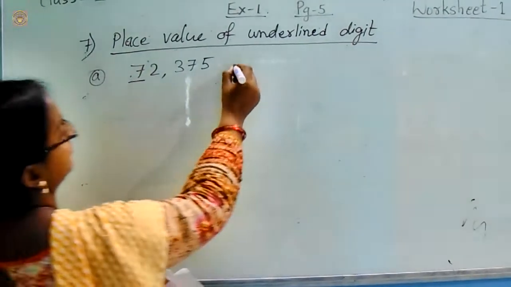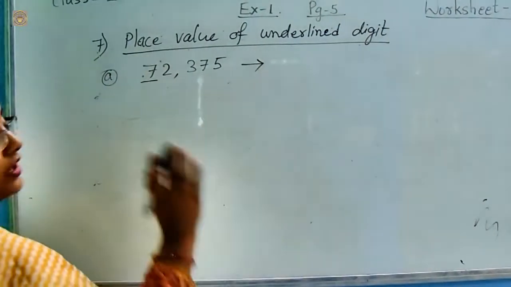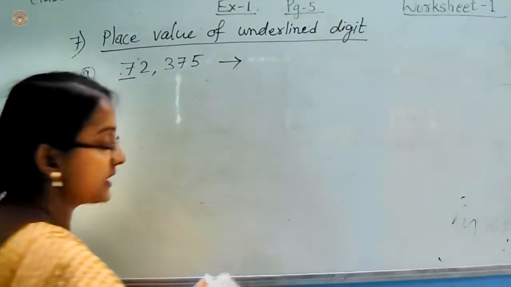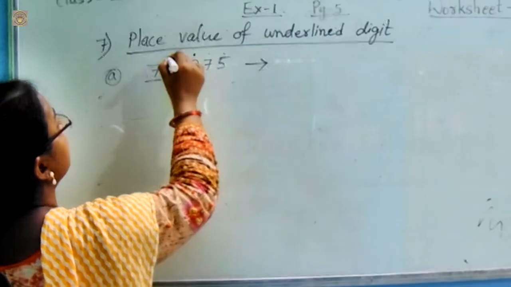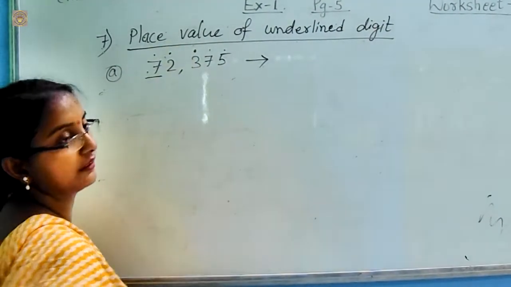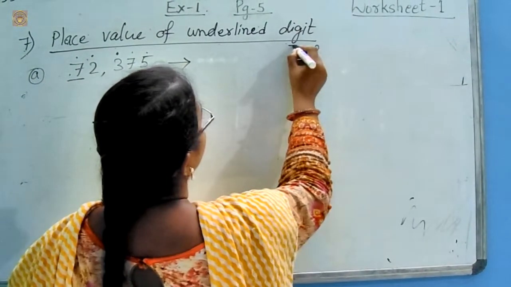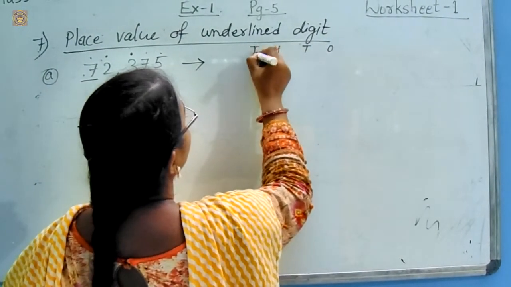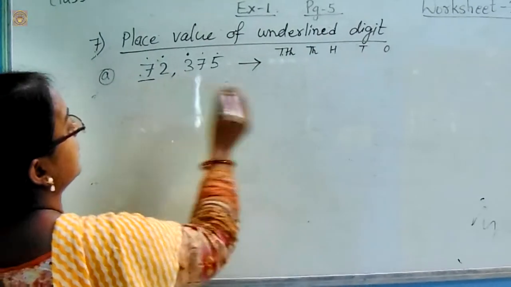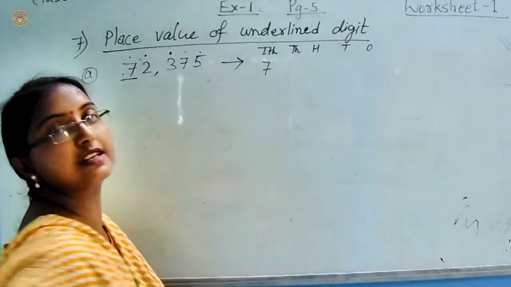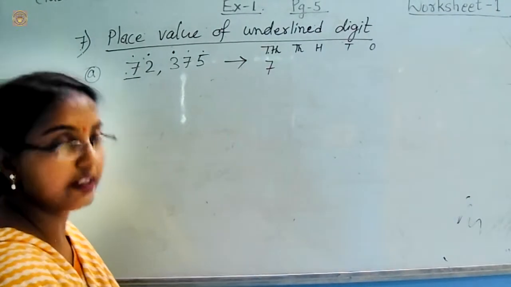So read it in the Hindu-Arabic system: 1, 10, 100, 1000, 10,000. So the 7 is at the place of 10,000.